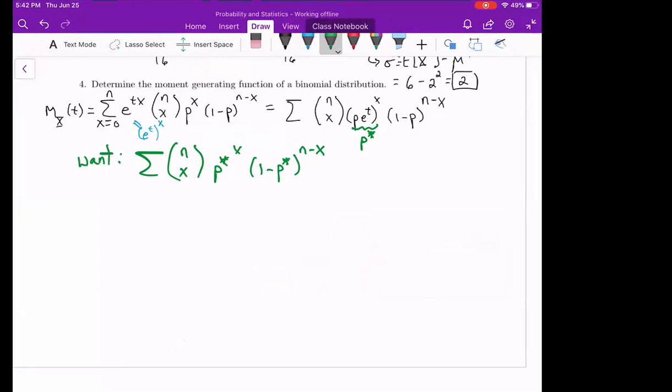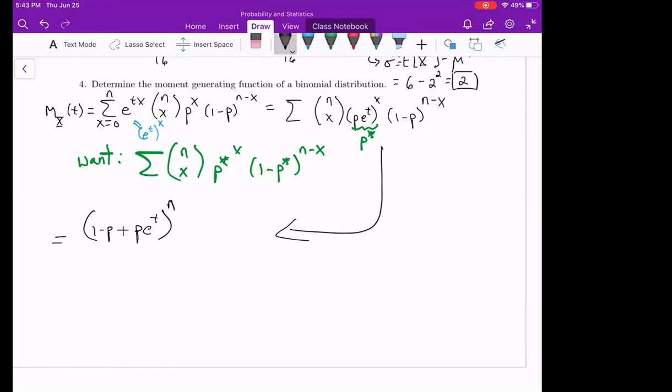So according to that binomial formula, this sum is going to be equal to the y term, 1 minus p, plus the x term, which is p e to the t, to the nth power.